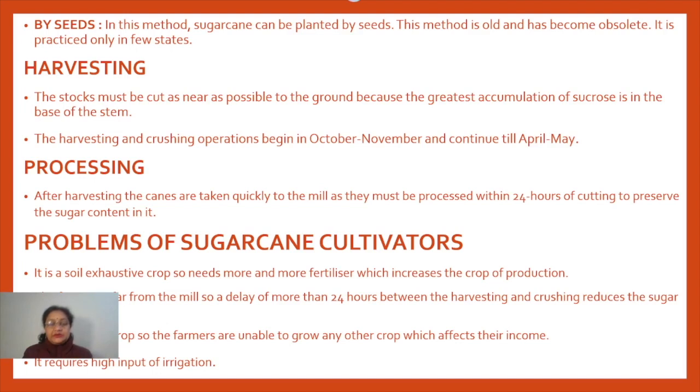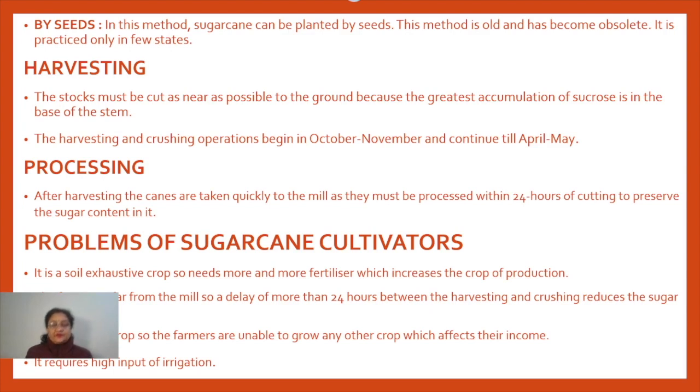Basically, Maharashtra, Karnataka and Andhra are the states which are producing a lot of sugarcane. And what are the problems being faced by the sugarcane cultivators especially? We can see all the problems. A few of these problems have been mentioned here.